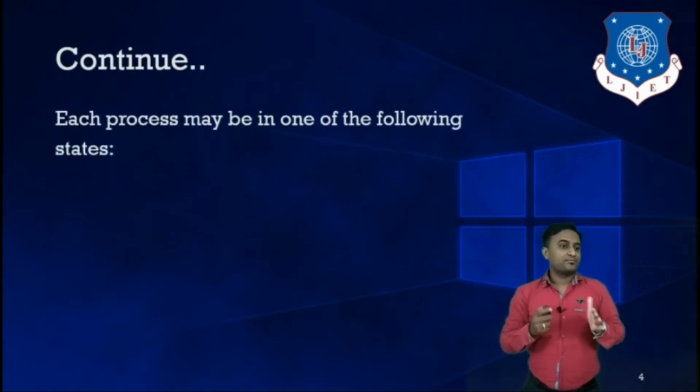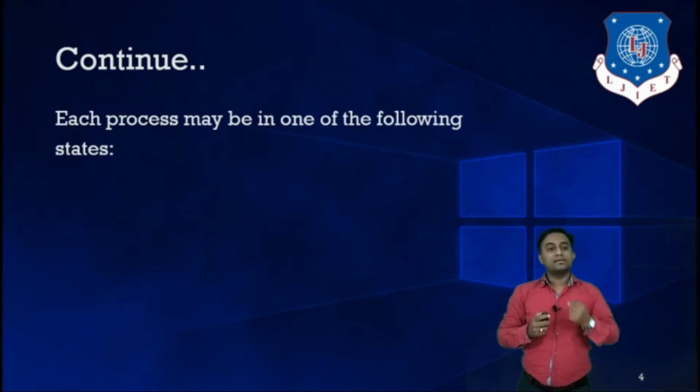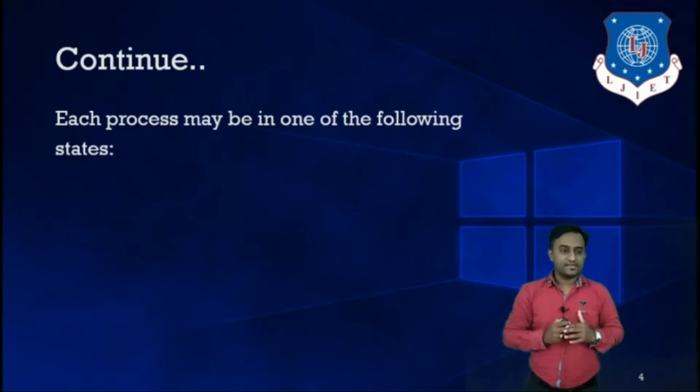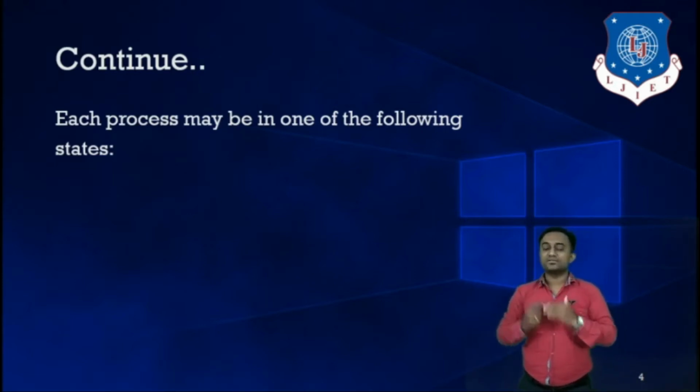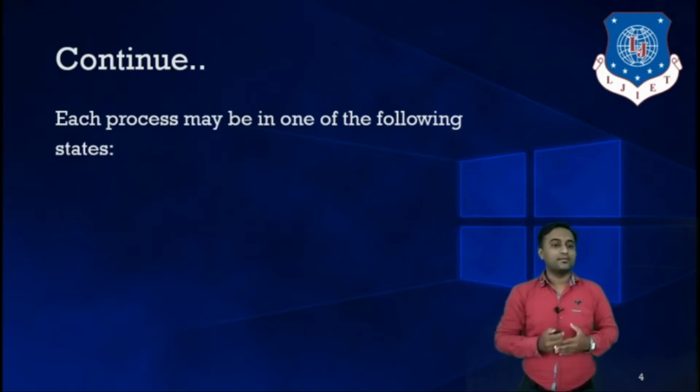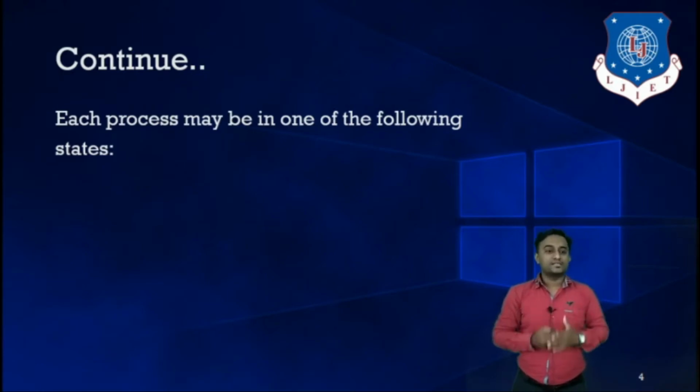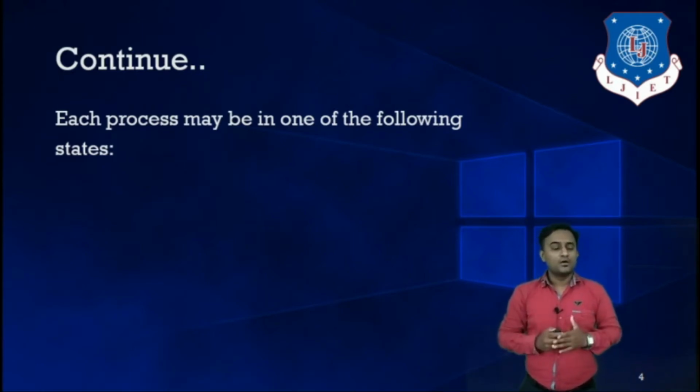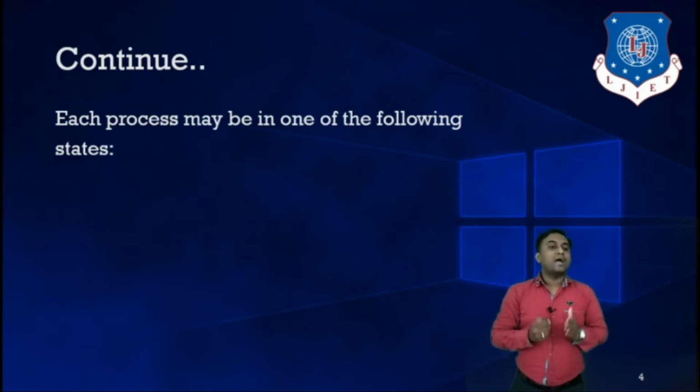As far as process is concerned, each process may be in one of the following states. Now we are going to discuss the process state diagram, which consists of 7 states. Out of 7 states, 5 are basic states and 2 are additional states.